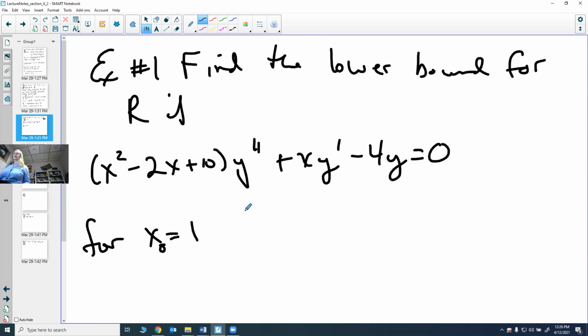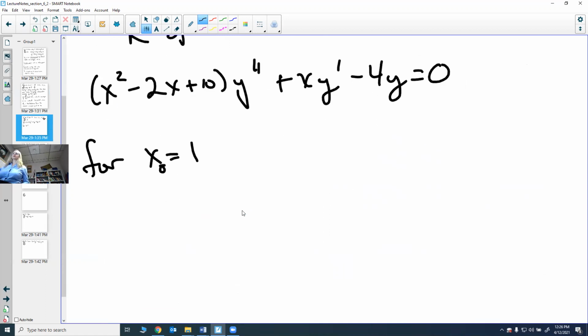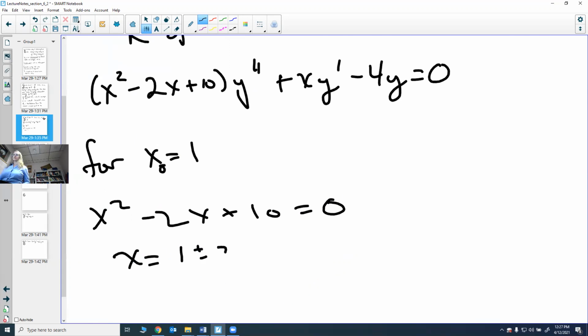So we need to know where x squared minus 2x plus 10 equals 0. That equals 0 when x is equal to 1 plus or minus 3i.